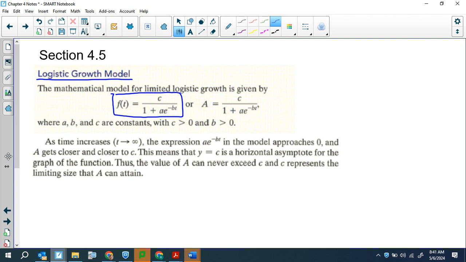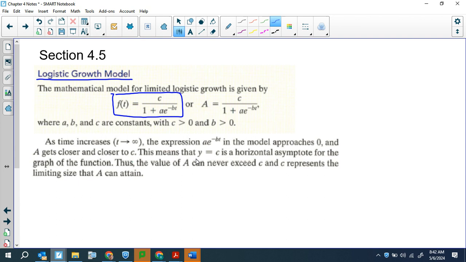So what happens with this logistic growth model is that as you're starting to put really large numbers in for t up here, this denominator is going to get really close to 0, which means the entire fraction gets close to the c on the top.